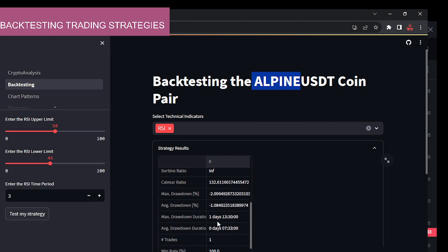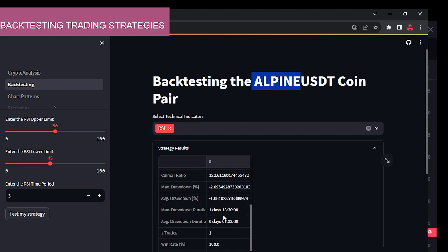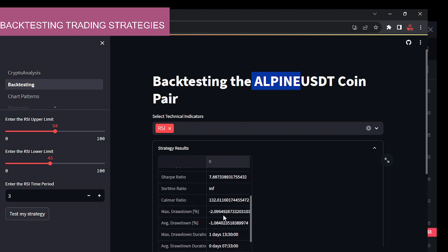So you can work with any trading strategy and see how your Calmar ratio is.